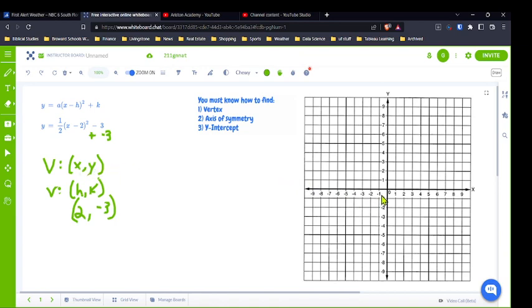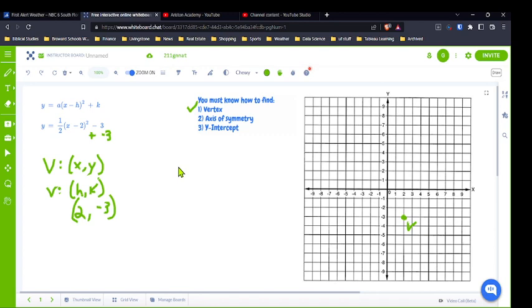So let's go ahead and plot that. I come over here to my grid and I go to 2 in the x and down 3 in the y. So that would put me right here, and I can put in my vertex. So that's going to be V, my vertex. Okay, so can I find the vertex?